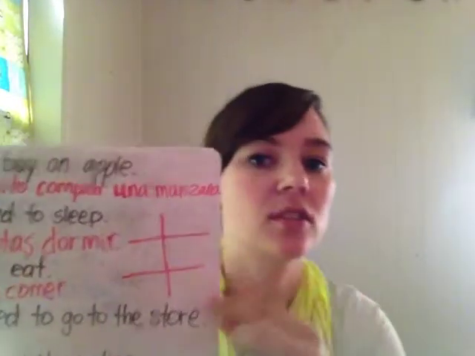Now in that instance, remember that A ending from the last video. If you haven't watched the last video, you need to. It teaches you how to conjugate the verb necesitar. I always make this grid when I'm teaching my students how to conjugate.